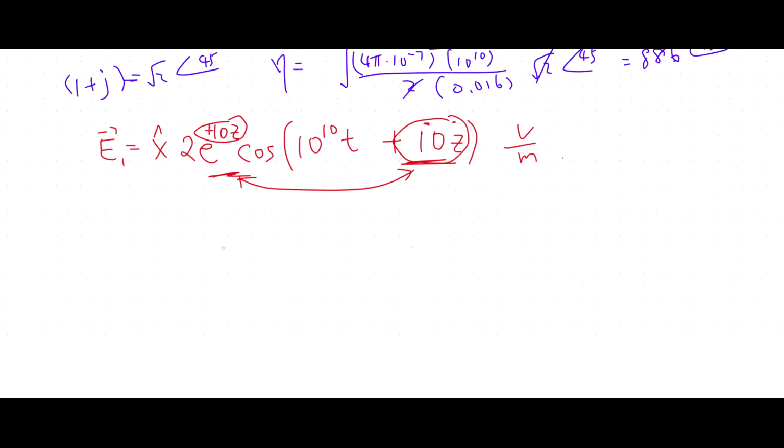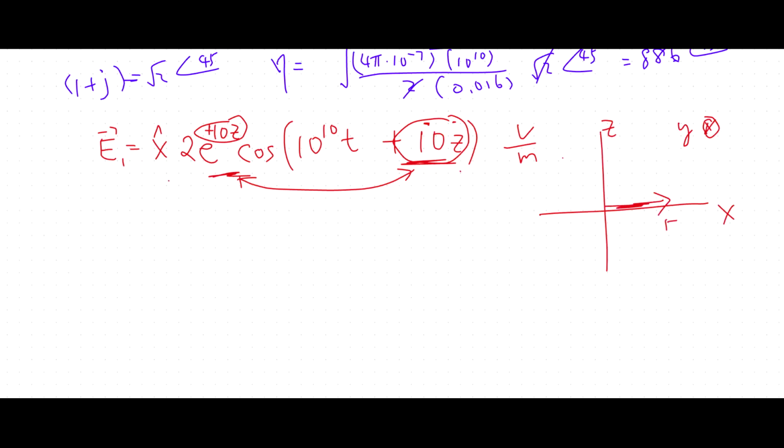And let's look at, again, I asked you to find H, so we don't need to find E2, right? We can just go directly to H1 and then from H1 to H2. So I see a C and an X here, so I'm going to do X and Z, and then my Y would be in or out. So my E1 is along the X direction, and this is my E1.